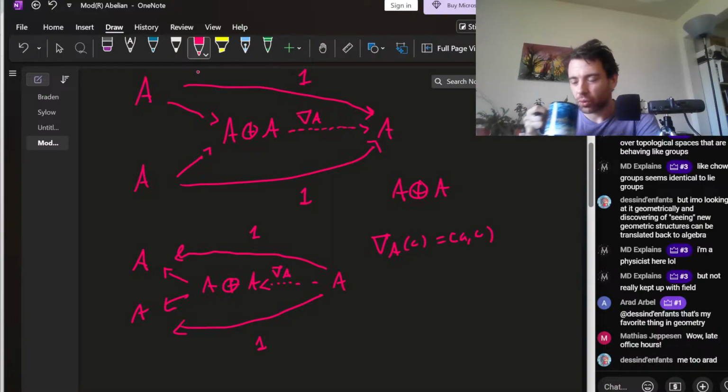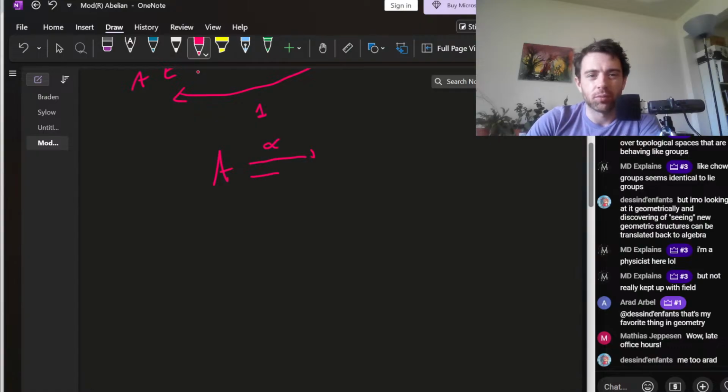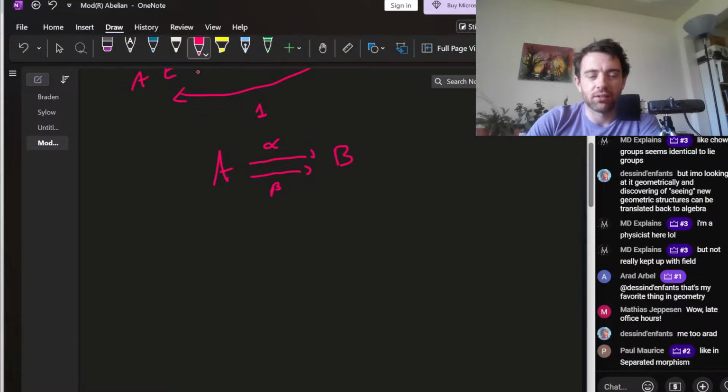So now, our goal is we want to define in a purely categorical way what it means to add two maps, alpha and beta.